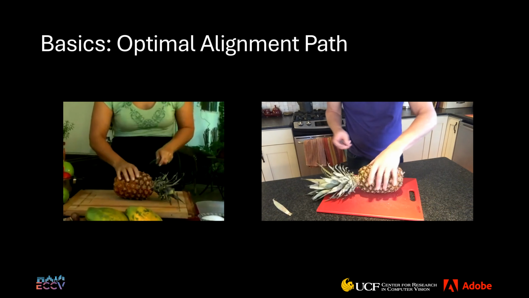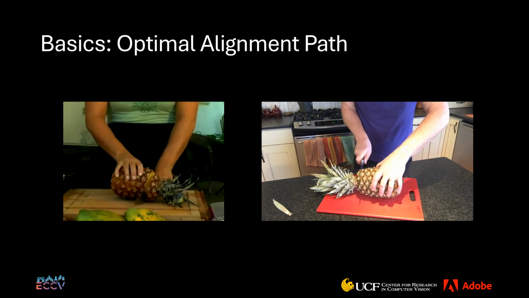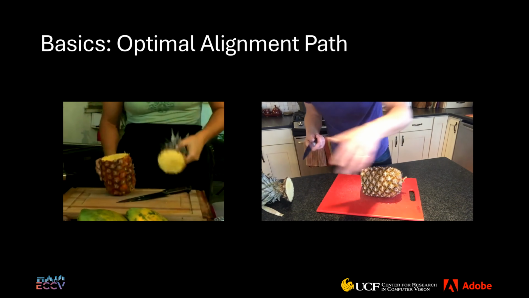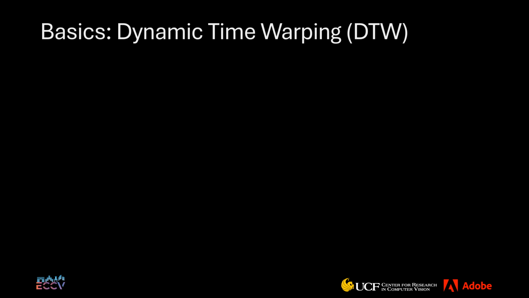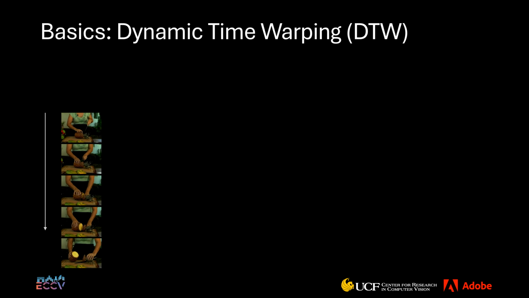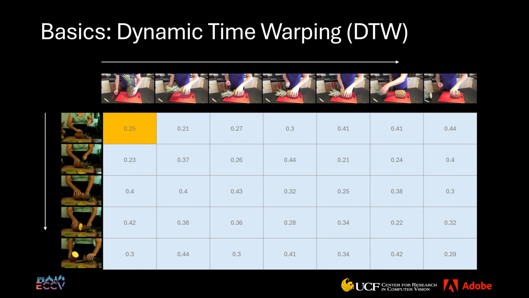Before we propose a meaningful indicator of alignability for re-ranking, let's quickly recap the fundamentals of the standard alignment distance. The most common method to determine the alignment path between two alignable videos is dynamic time warping, or DTW. To compute DTW, we first construct a temporal similarity matrix by calculating the frame-wise feature distances between the two videos.